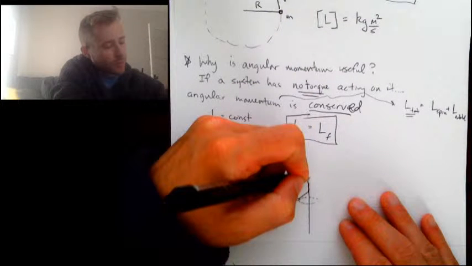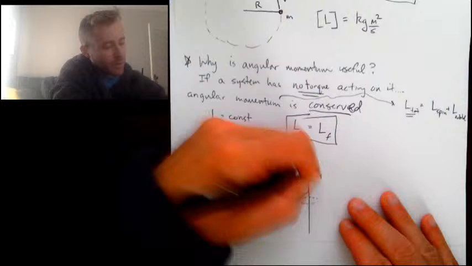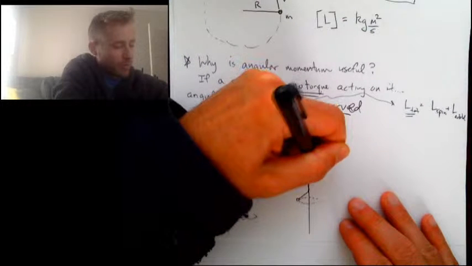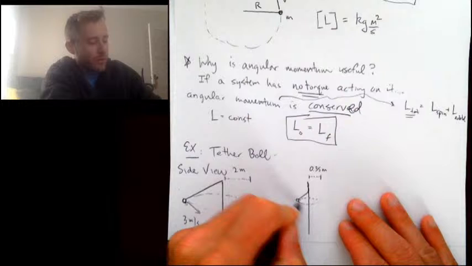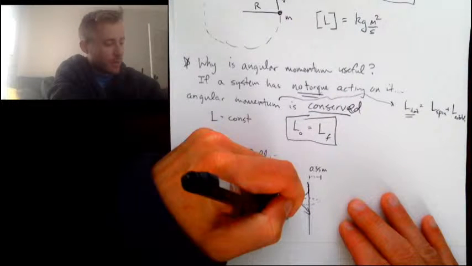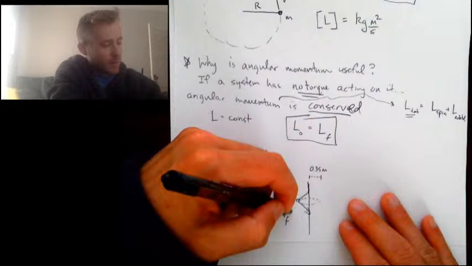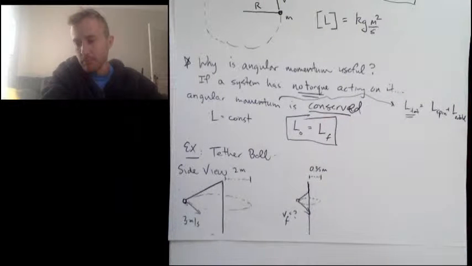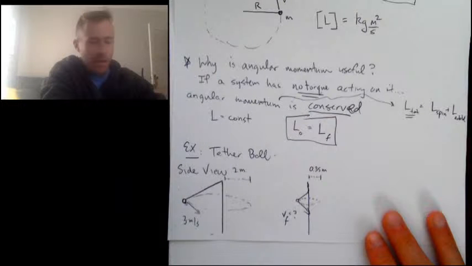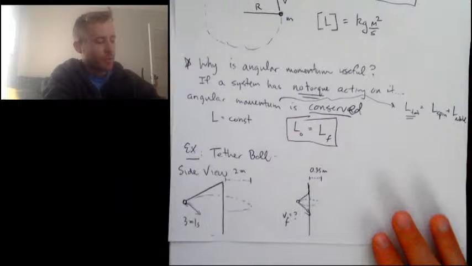So now the radius of the circle is only 0.35 meters. And so what we would like to calculate is what is the final speed of the tetherball after it has wound up. Okay? And so we're going to use angular momentum conservation.